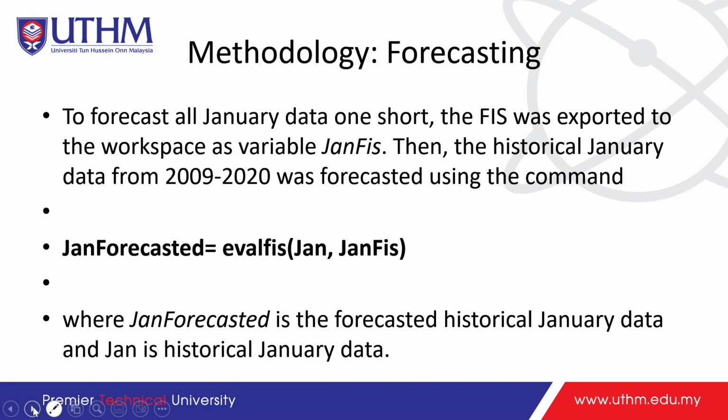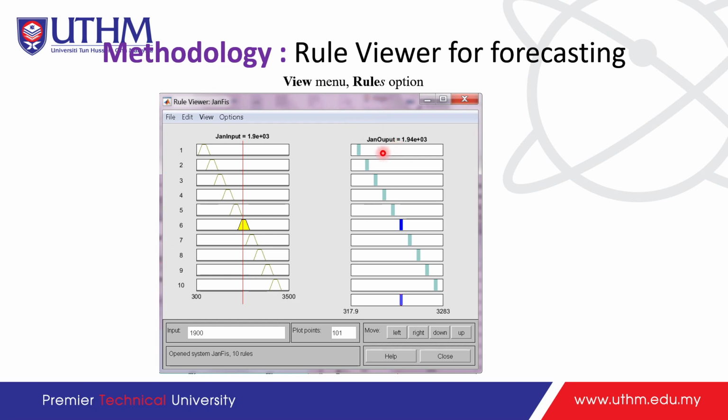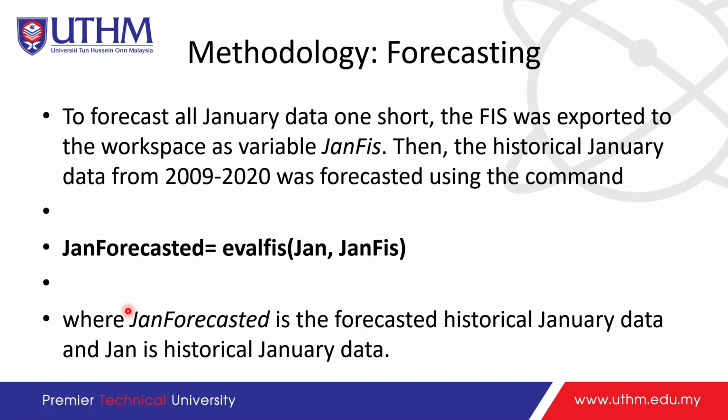So for the forecasting methodology, if you use the fuzzy rule viewer, you have to do it one by one. To forecast in one shot from 2009 to 2020, what we need to do is export the FIS to the workspace as a variable, saved as genFIS.